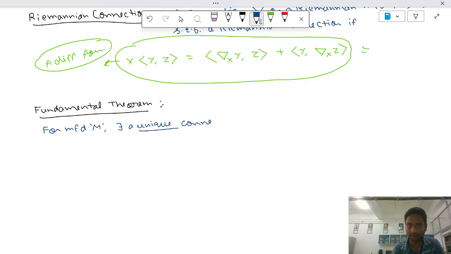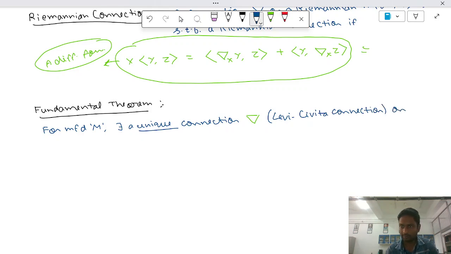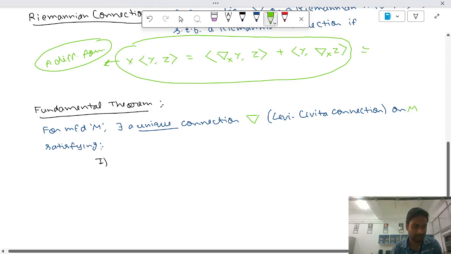This is a unique connection. There exists a unique connection nabla, and it is called the Levi-Civita connection, on M, satisfying two properties. The first one is simply your symmetric condition.